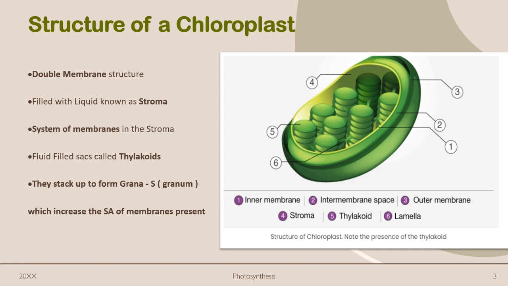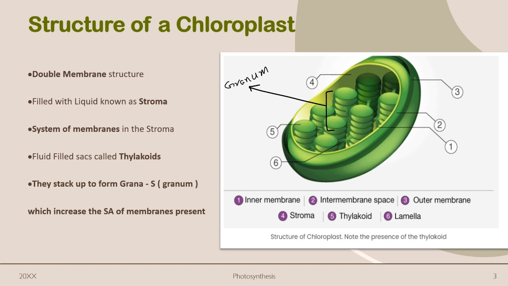Number six, which one is shown here? This is also a thylakoid membrane, but it's just a link from one granum to another granum, and this link is called lamella. So now we learned the structure: number one is the inner membrane.